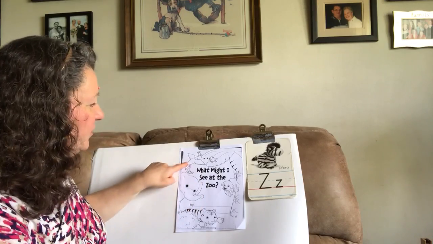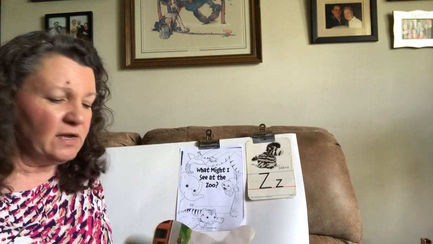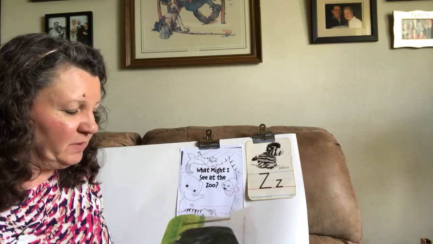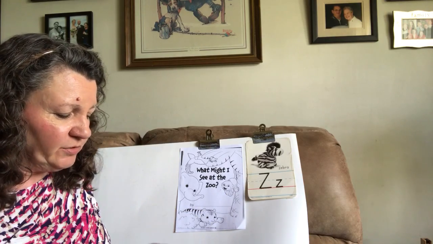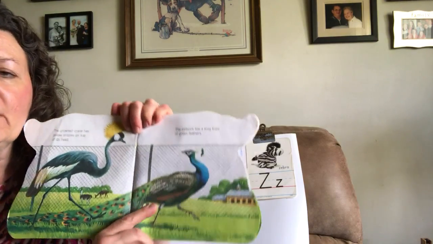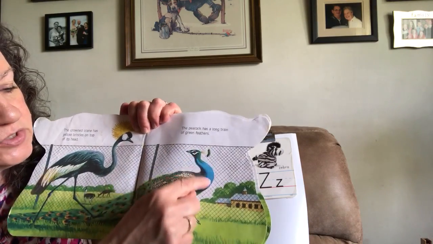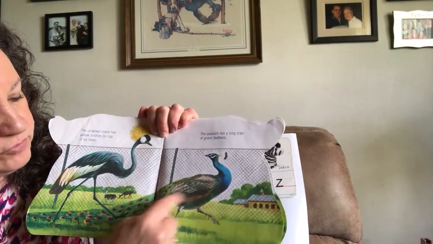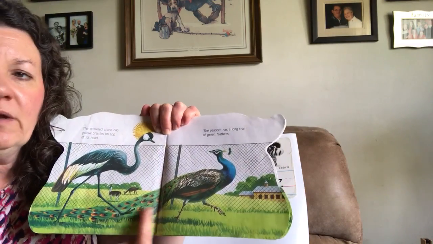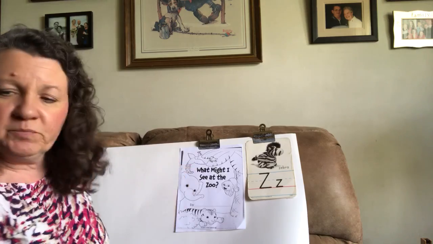All right, so we said this first animal up here is a peacock. So let's find our picture of the peacock so we can see what colors our peacock is. Okay, take a good look at this. Okay, we've got some green and yellow, and here's some more blue, and here's some brown and green, and big long green feathers. Okay, so we're going to do our peacock.